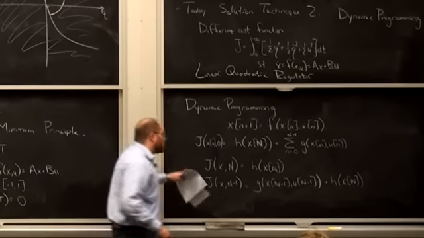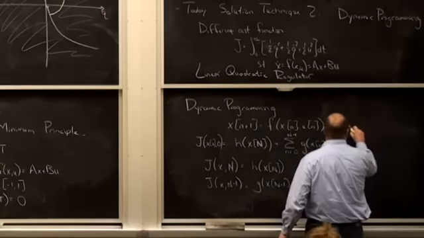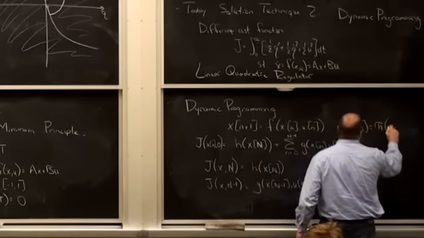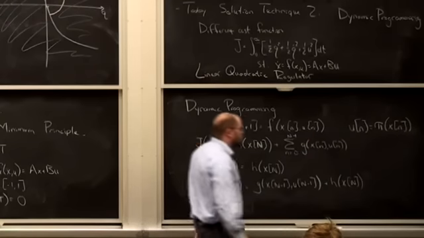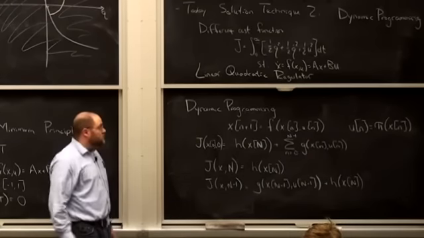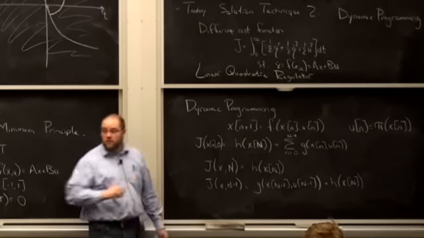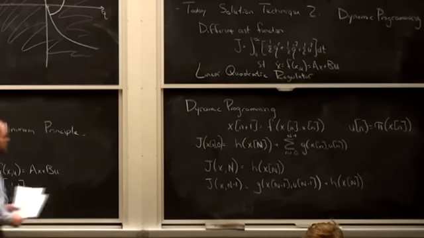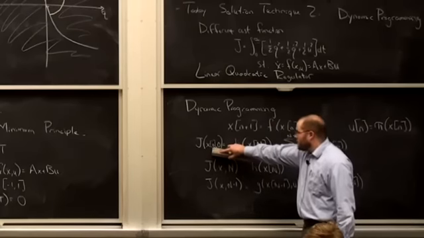Let me be even more careful, and I'm going to say let's evaluate the cost of running a particular policy. Un is just some pi of j of xn. Sorry, why does the first x have 0 in it, but the rest of x is 1? Okay, so why did I put x0 here?